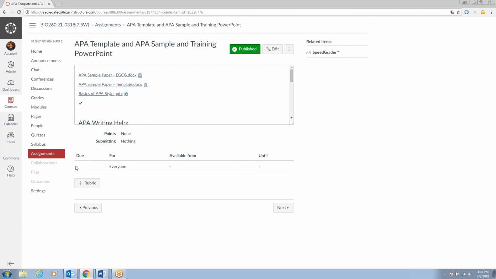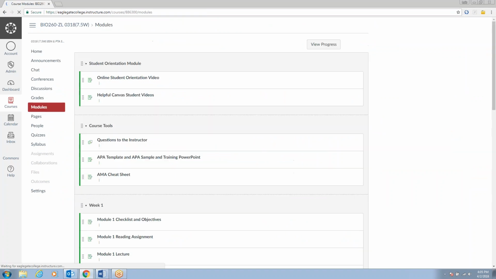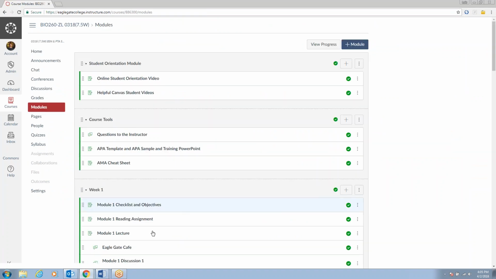So if you just simply go under modules, which you have to go to every week, you can go here where it says APA template and samples. There's an, well, this is AMA. Is anybody here from PTA? If you're a PTA student, you use AMA.